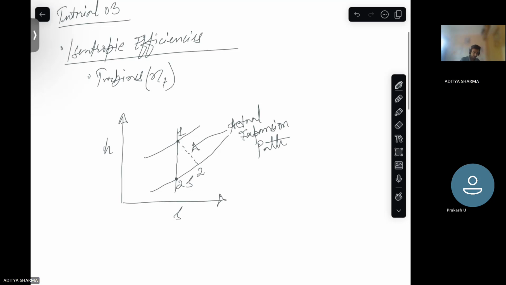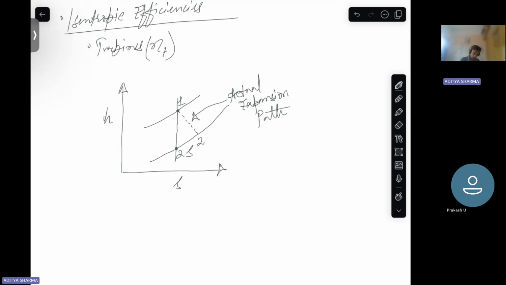In that case, the efficiency we write is something like this. Had the turbine chosen the isentropic path, this would have been the enthalpy change, but in actual, we get this.